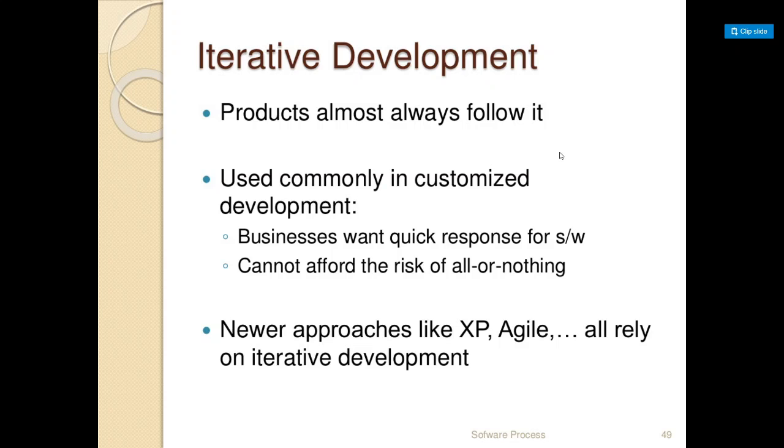So what actually happens? Products almost always follow it. The software that is developed usually follows this method and is commonly used in customized development, where the customer gives what he needs for his business, and it cannot afford the risk of all or nothing.